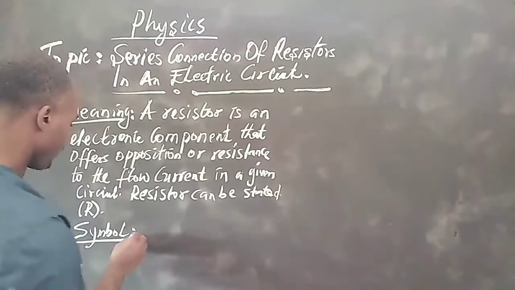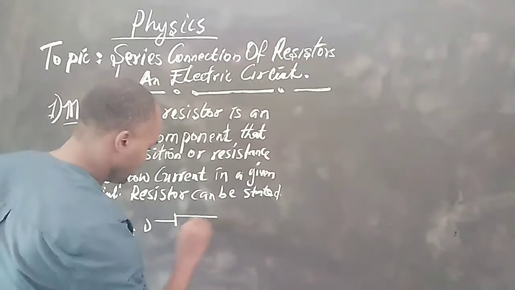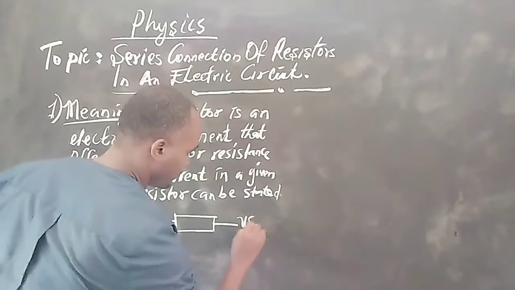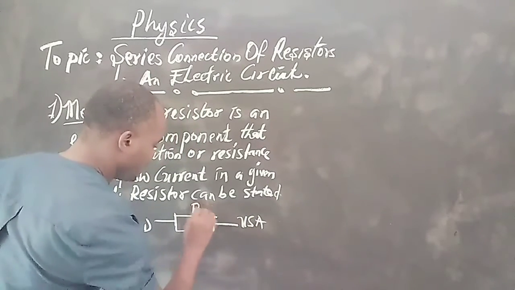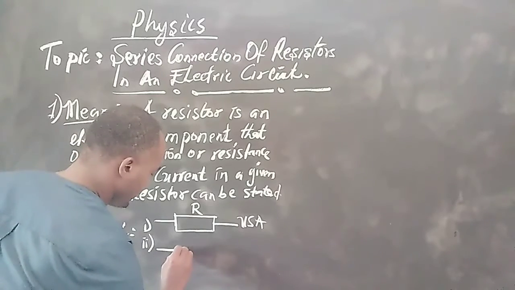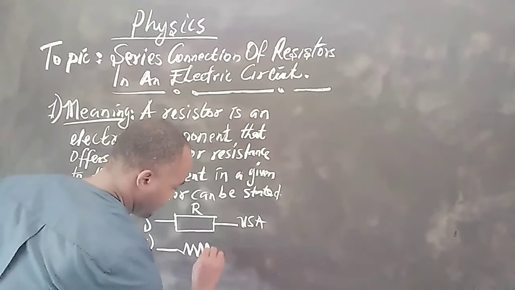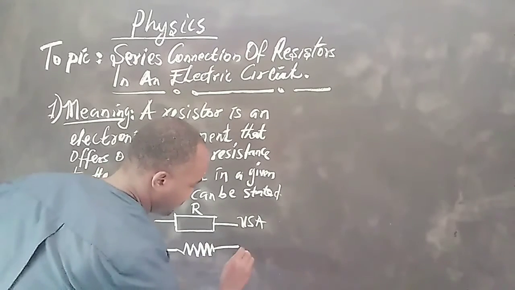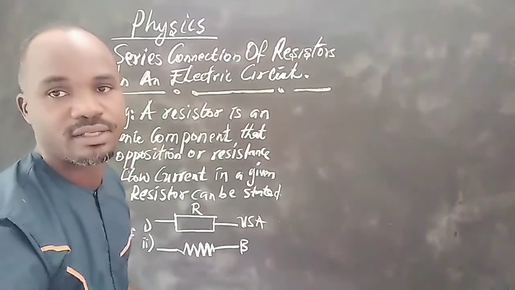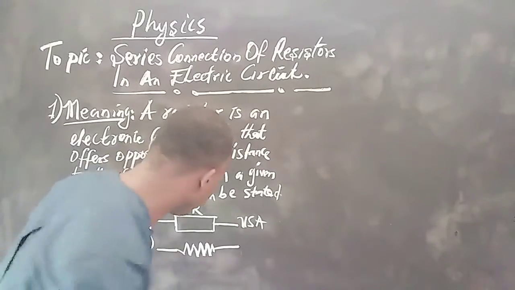So the first one is the US symbol. The second one is another symbol of great importance. This is Britain or UK, okay? Another important symbol here.